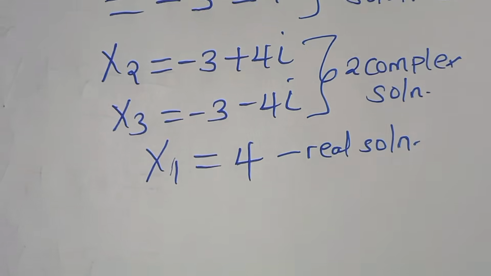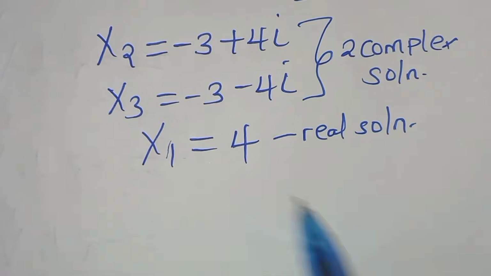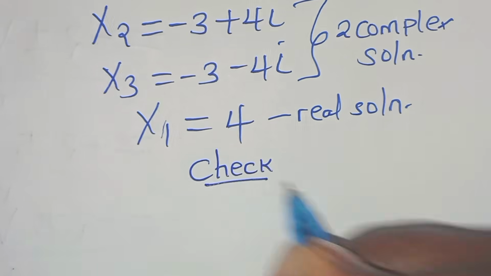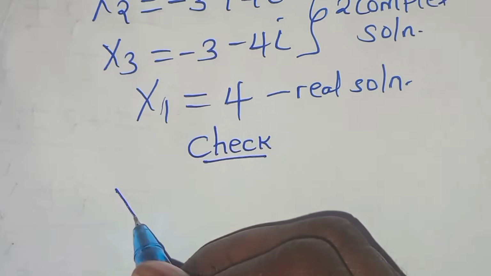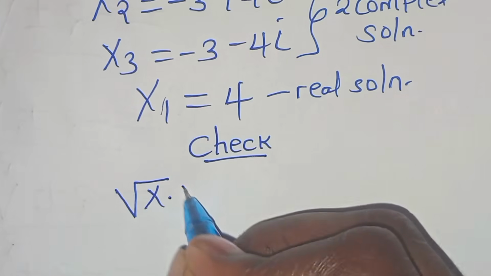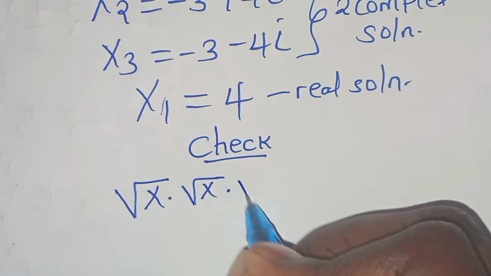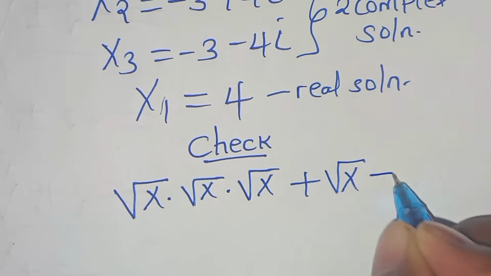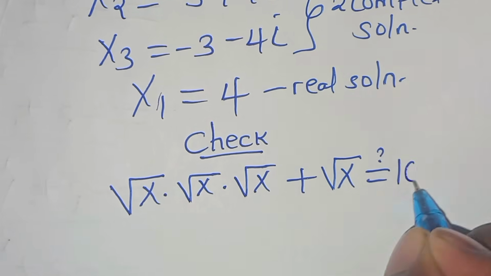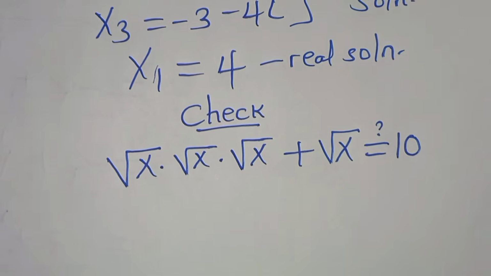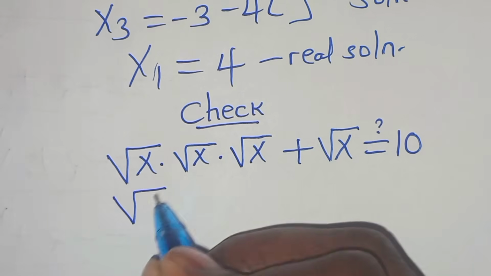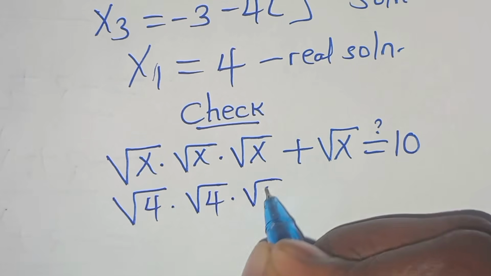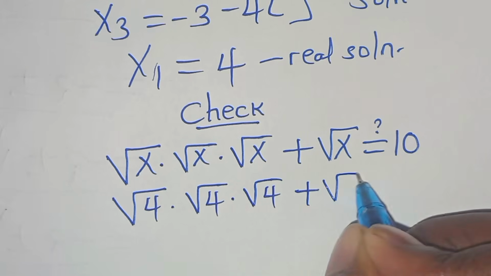The next step is to verify that these three solutions satisfy the equation. Let's check from here. Now, we have square root of x times square root of x times square root of x plus square root of x. This is supposed to give us a value of 10. So we have square root of 4 times square root of 4 times square root of 4 plus square root of 4.